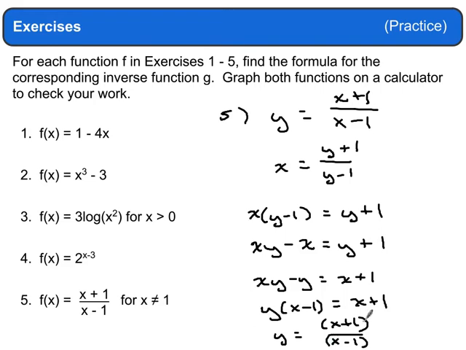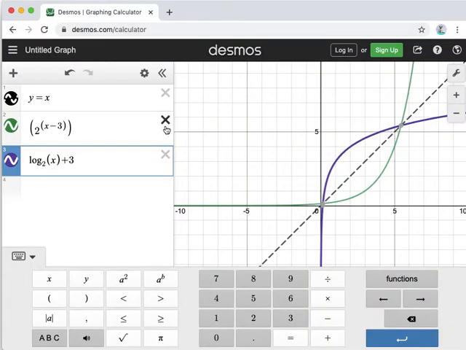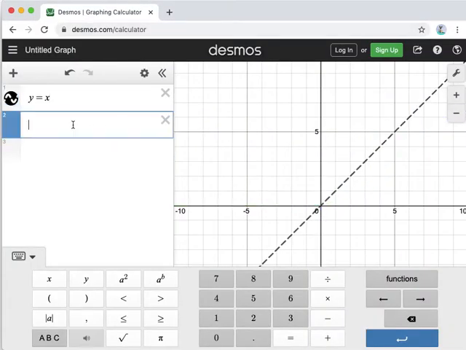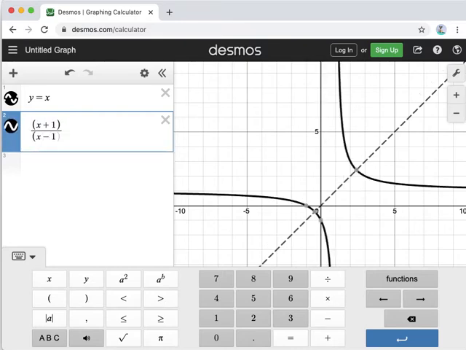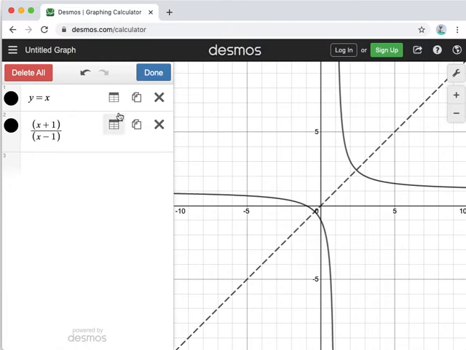which is interesting. So if we took a look at the graph and we typed in x plus 1 divided by x minus 1, whoops, we get this graph here. Let me change the color.